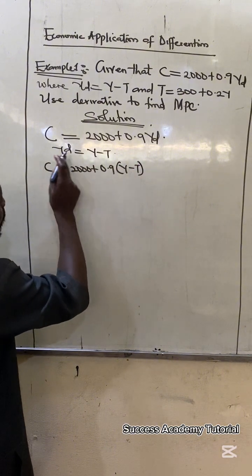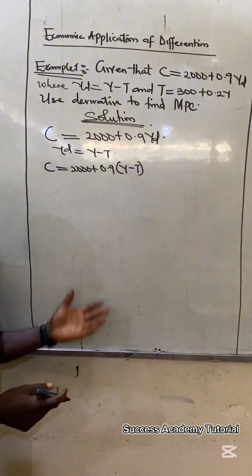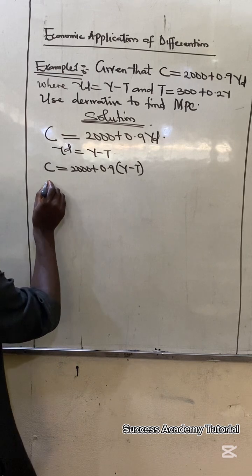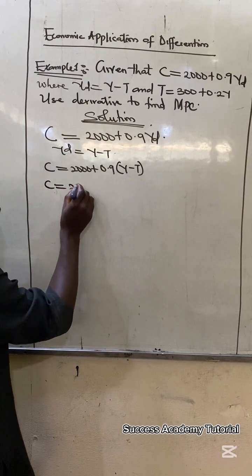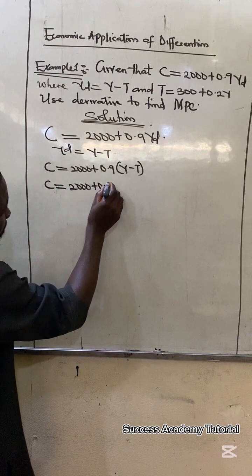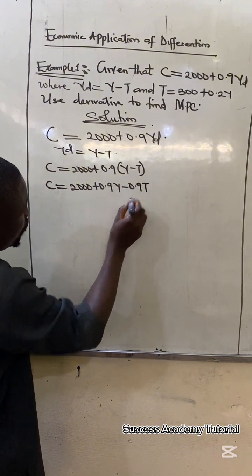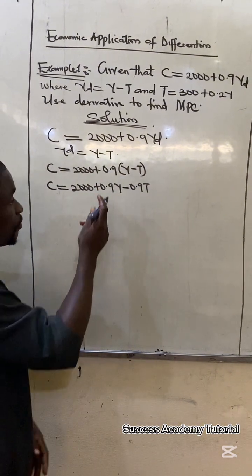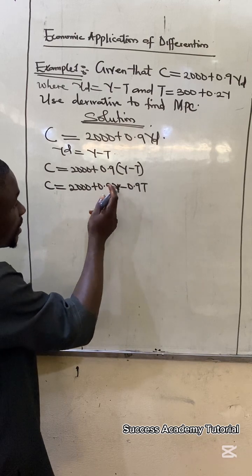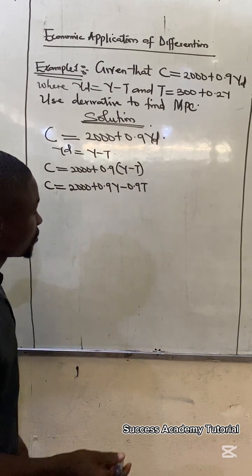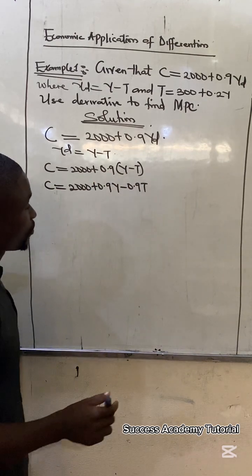You know that your yd is y minus t. So your C should be equal to 2000 plus 0.9y minus 0.9t. What I did here is just to open this bracket, 0.9 times y and 0.9 times minus t, which gives you minus 0.9t.